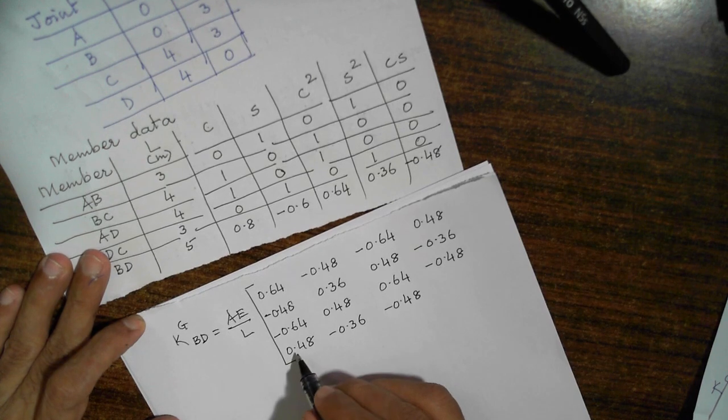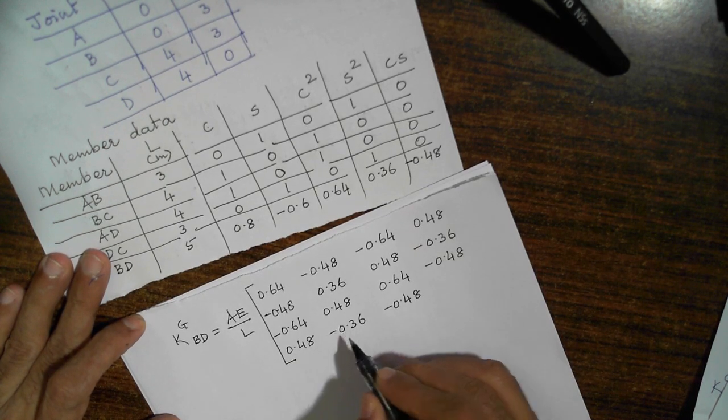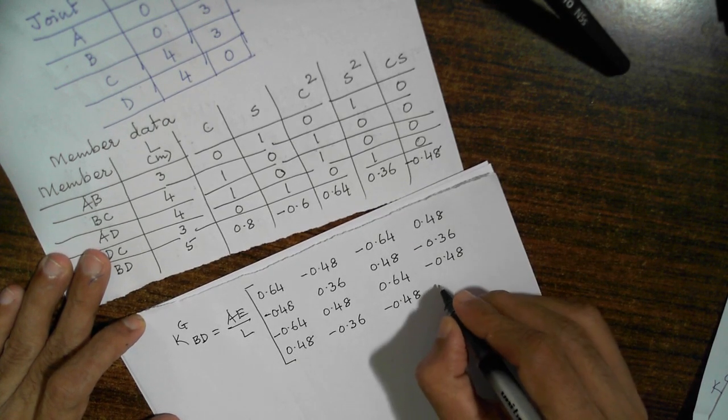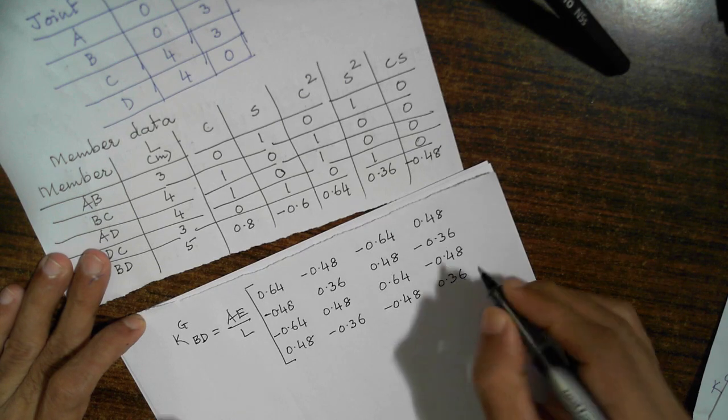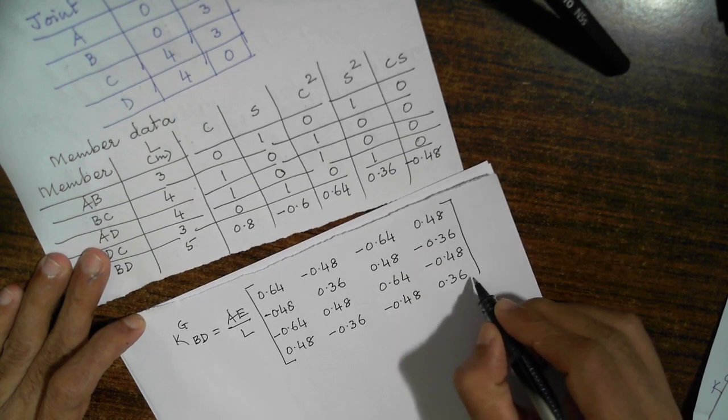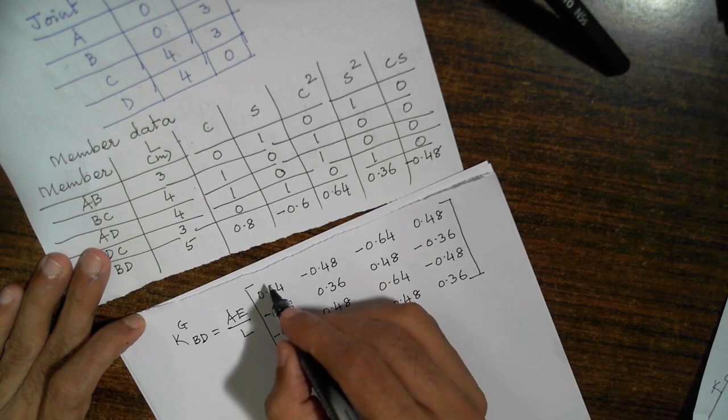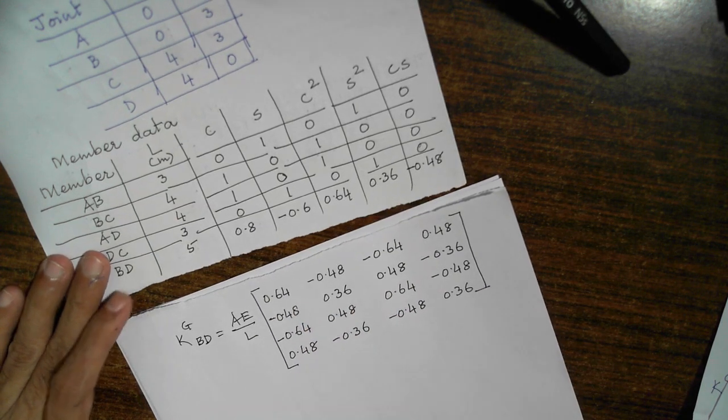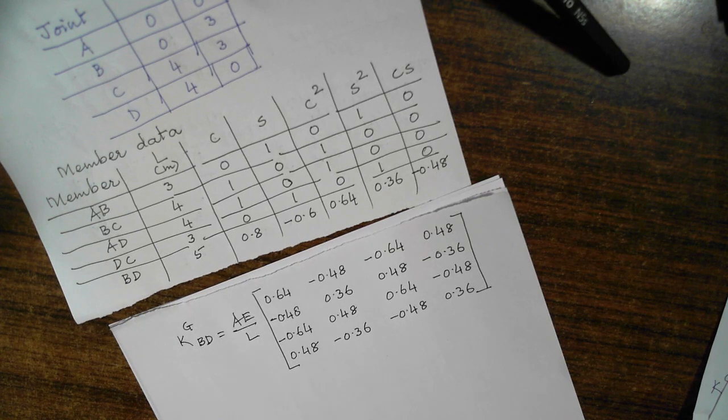Last one, it is CS, minus S square, CS, S square, that is 0.36. I know the formula for truss, that the summation of any row or summation of any column should be equal to 0. I can take that advantage and work as a smart person. Instead of hard work, I can work smartly and write the element.